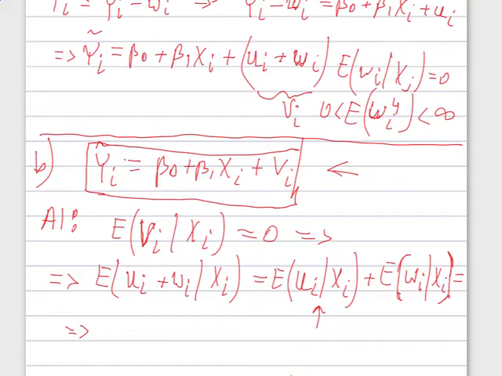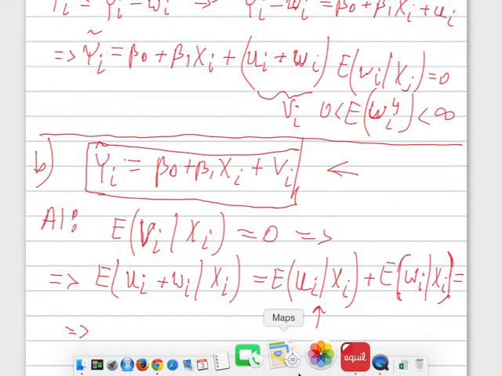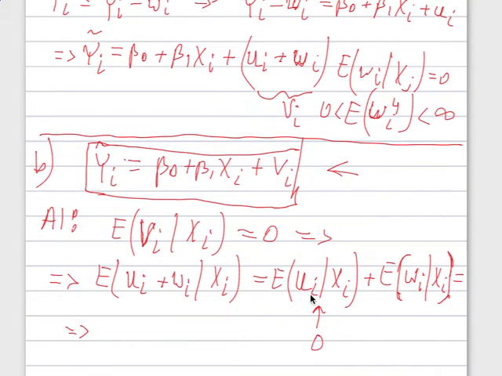What is this equal to? 0. It's given that it's 0. How about this? If it's independent of xi and it has mean 0, it must be 0. So we just proved this. Okay, we go to A2 now.